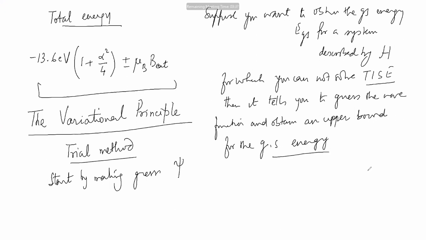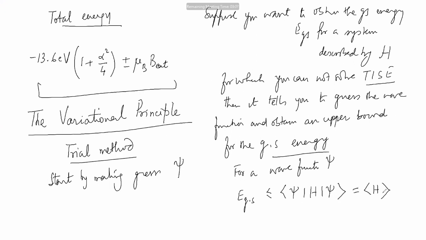Upper bound, that is important. That means for a wave function psi, E ground state is less than or equal to the expectation value of H. That is why it gives you an upper bound for the ground state energy.